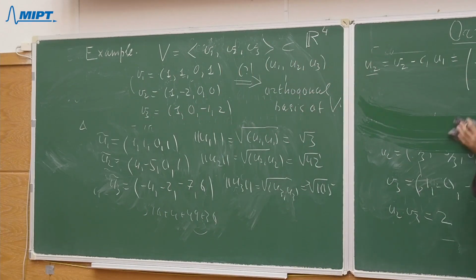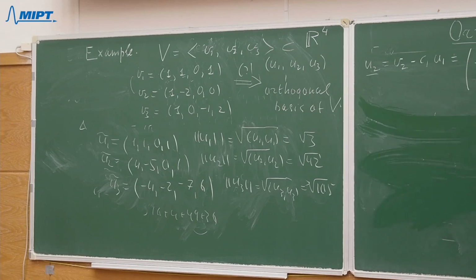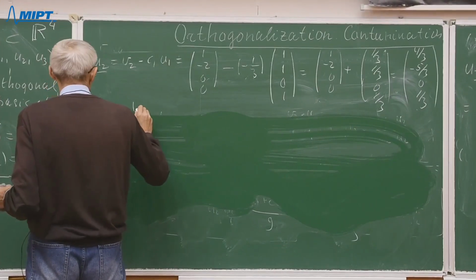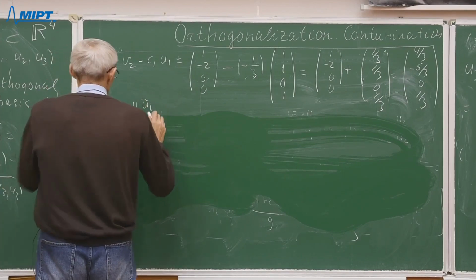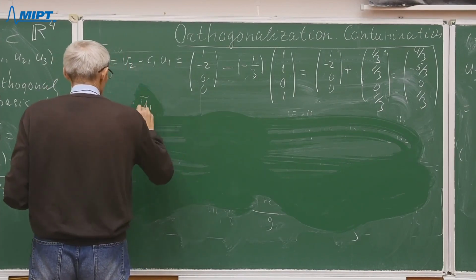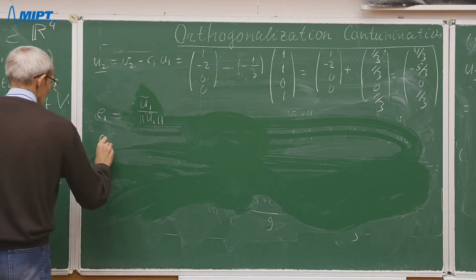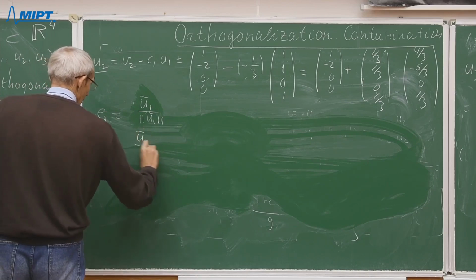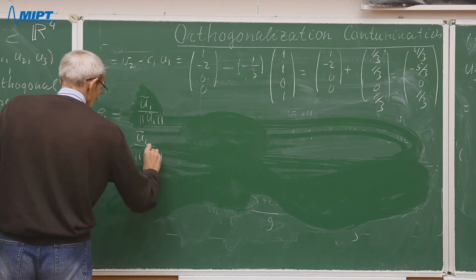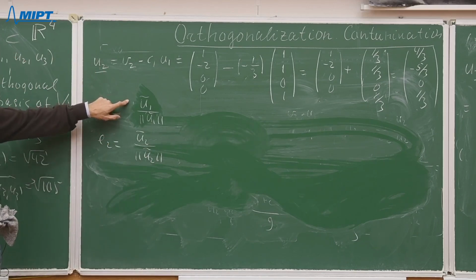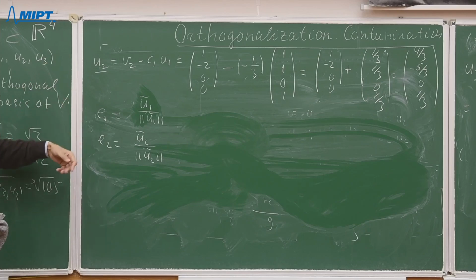And this orthonormal basis has the following form. E1 is equal to, E2 is equal to. It is easy to see that in this formula we can change Ui tilde to U1, U2 tilde to U2 and so on.